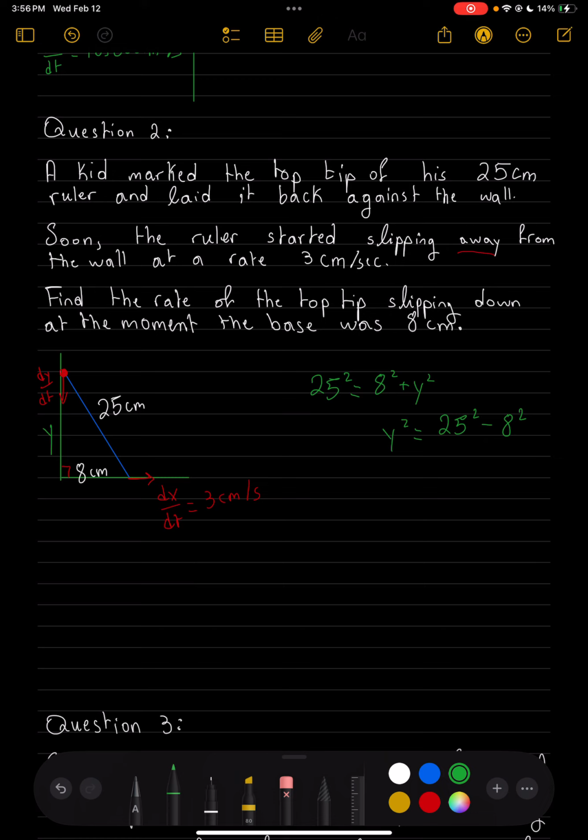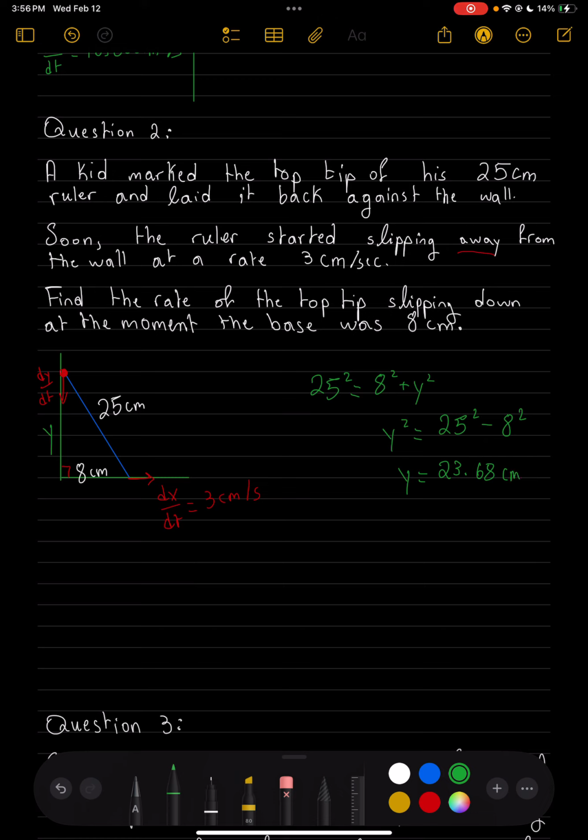So the square root of 561 is going to be 23.68. So y in this case is going to be 23.68. What's the unit over here? Centimeter. Now we're done with the first part.